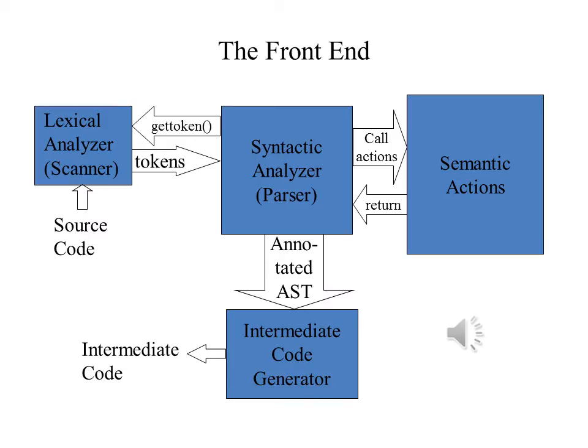The front end of a compiler is centered around the syntactic analyzer, or parser. It has the job of determining the grammatical structure of the program. When it needs additional tokens from the lexical analyzer, or scanner, it will call the scanner, which will return a token to the parser. When it needs to have a particular semantic action performed, it will call that action.